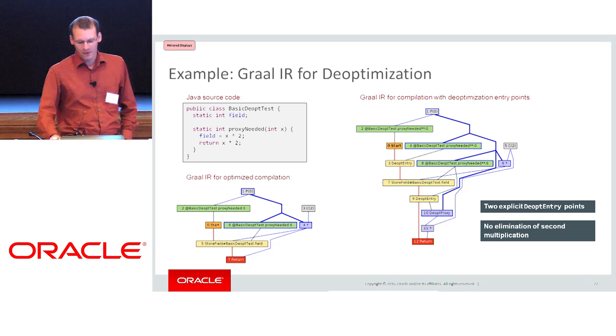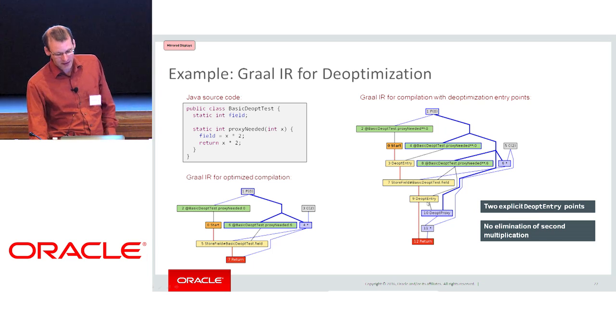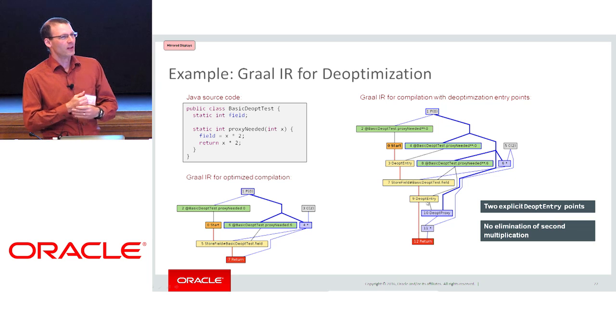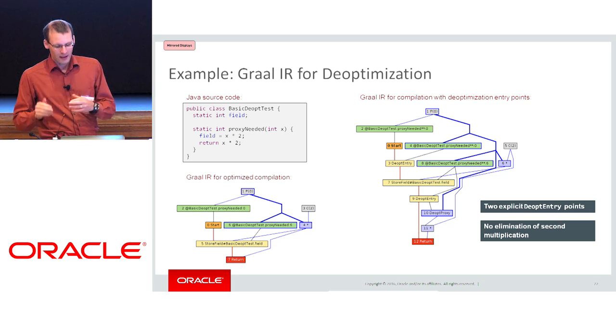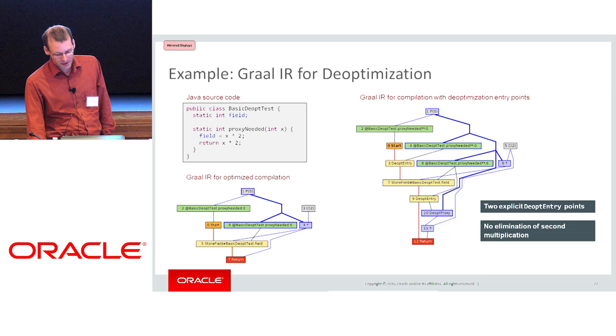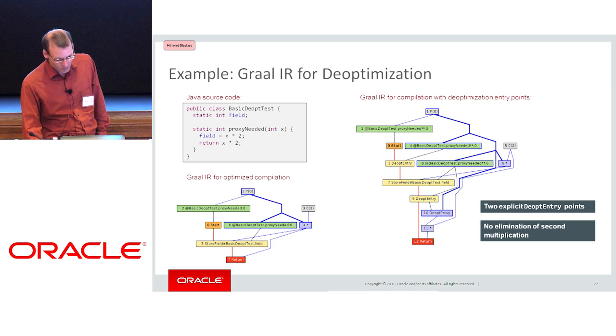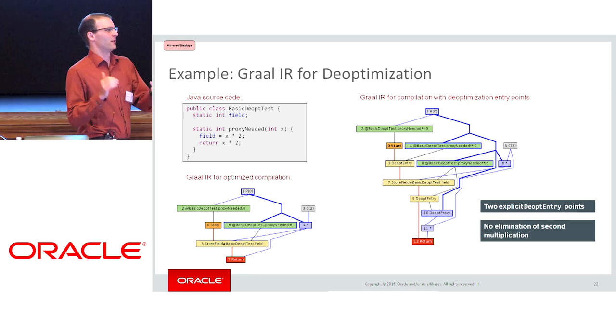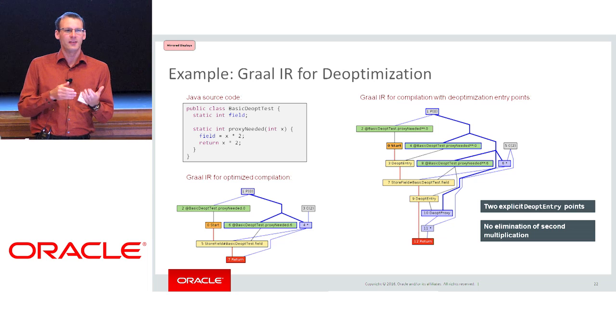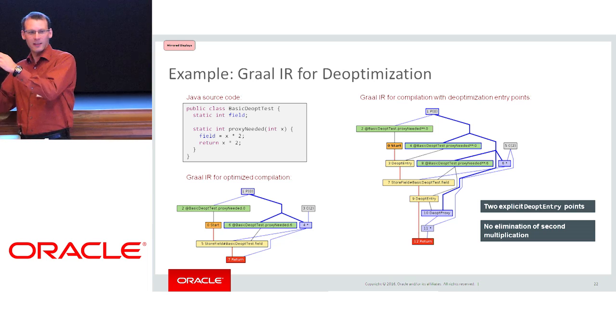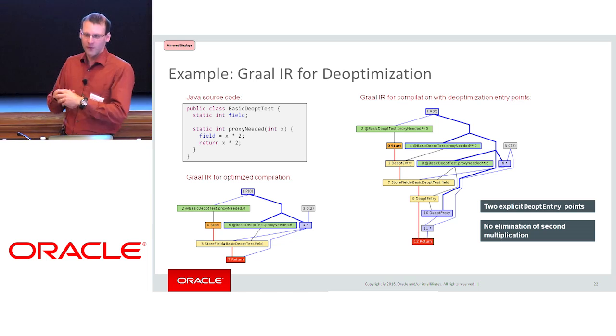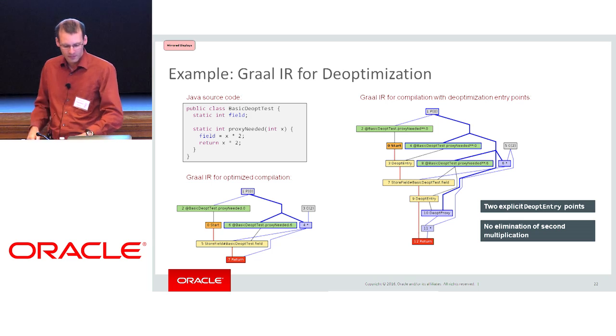And just by wrapping the input argument into a proxy placeholder node, we make sure that Graal does not do optimizations that we don't care about. So we don't have to reconfigure Graal to compile AOT these deopt entry points. We just emit a few extra nodes, and then everything falls in place automatically.